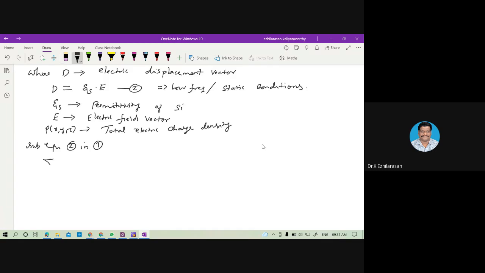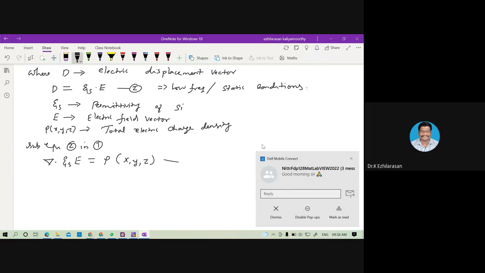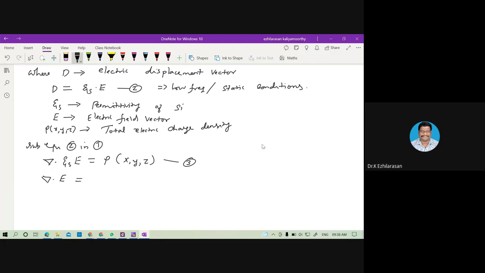We'll get del dot epsilon s E is equal to rho of x y z. This is equation number 3. Then from here I get del dot E is equal to rho by epsilon s of x y z. This you can consider as equation number 4.